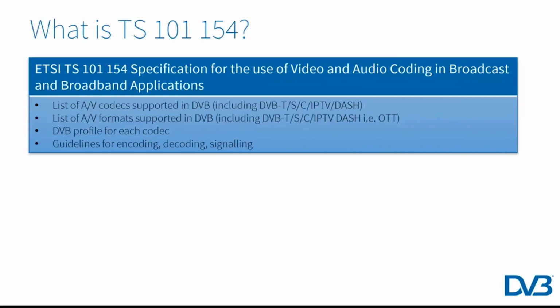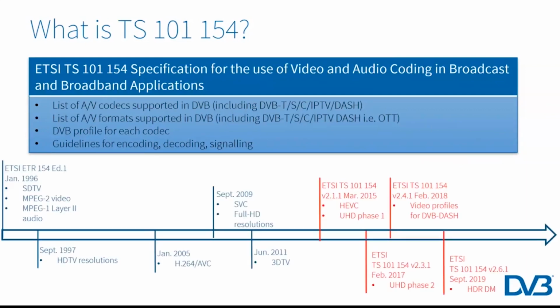So this is really an application standard that just lists all these codecs and formats on top of this delivery path. So we have a DVB profile for each codec and, of course, guidelines for encoding, decoding, and signaling. This standard has been around for quite some time now.